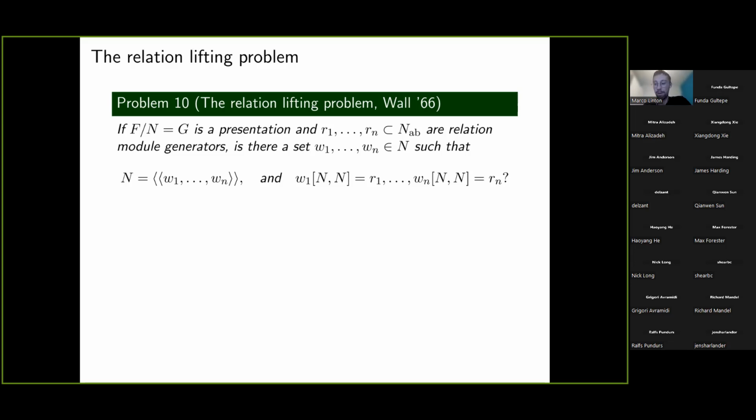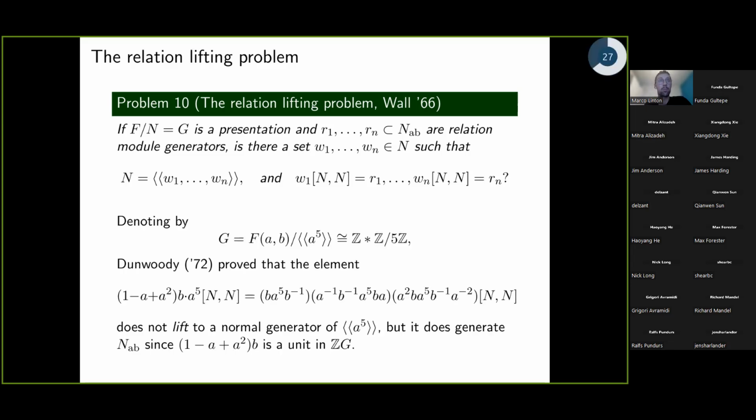First, I want to give a counterexample of a different flavor to this problem, and this was given by Dunwoody in the 70s. The counterexample is a one-relator group. It has torsion. It's just the free product of Z with Z mod 5Z.